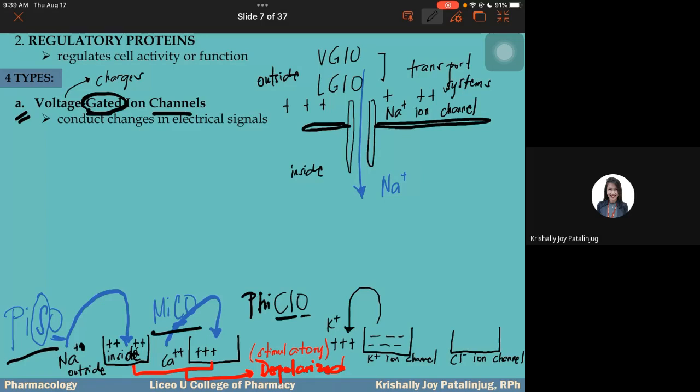So therefore, once the chloride ion channel opens, then chloride ion will get in, making the inside of the cell negatively charged, because the chloride ion entered, and chloride ion is negatively charged. So again, initially, what happens is repolarization, because it returned to the negative state. But if excessive, I will add more negative charge.